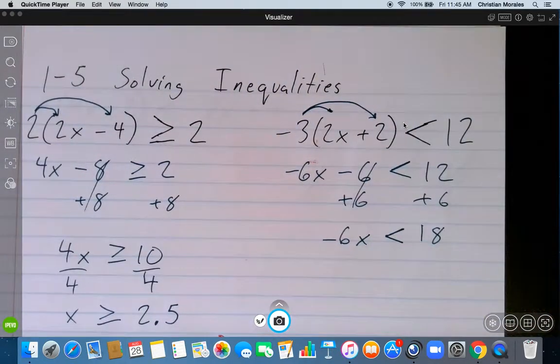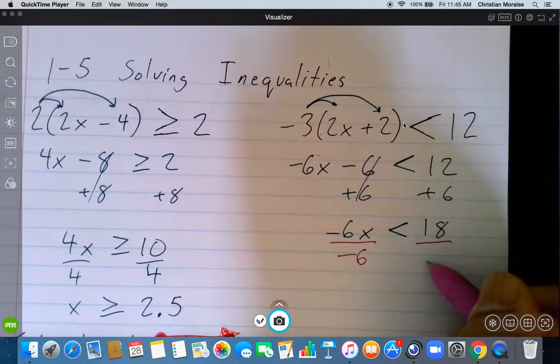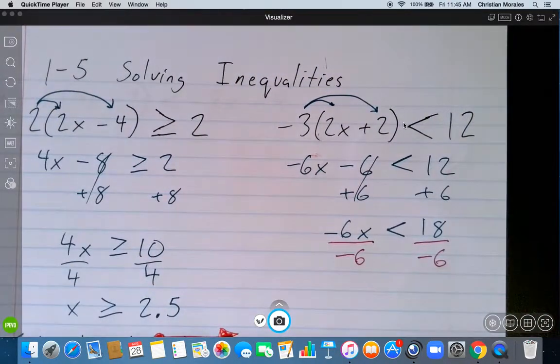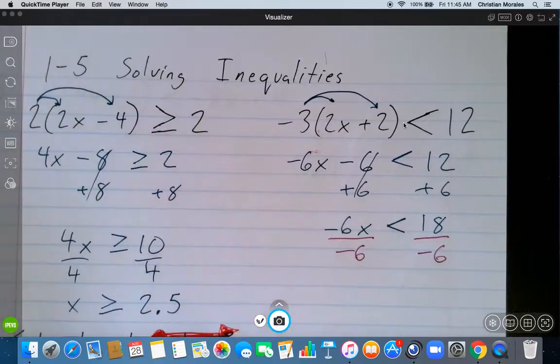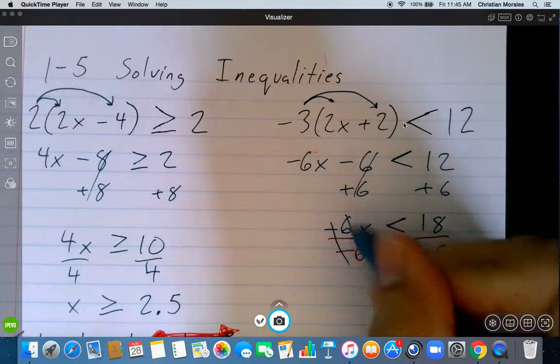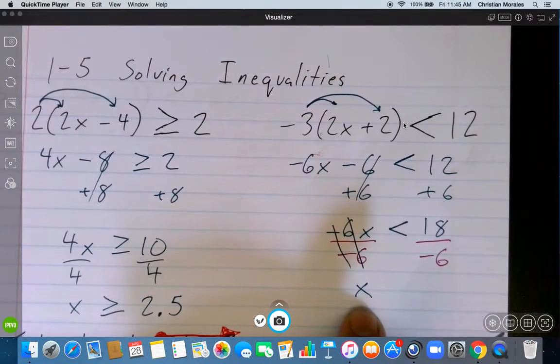Okay, now this is where you have to be very careful. We're going to divide by a negative number. Now, when you divide by a negative number, the rule is the signs switch places. And here's what I mean. This was a negative and that was a positive, right? But when you divide with negative 6, the negative and the 6 cancel out. Now you're just left with a positive x.